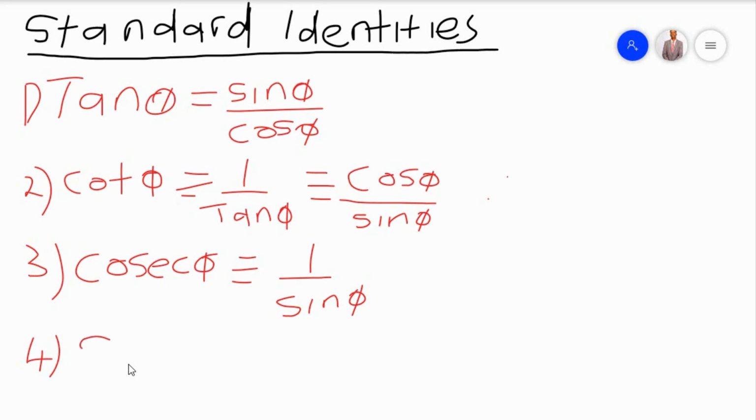Four, secant theta is exactly identical to 1 over cos theta.